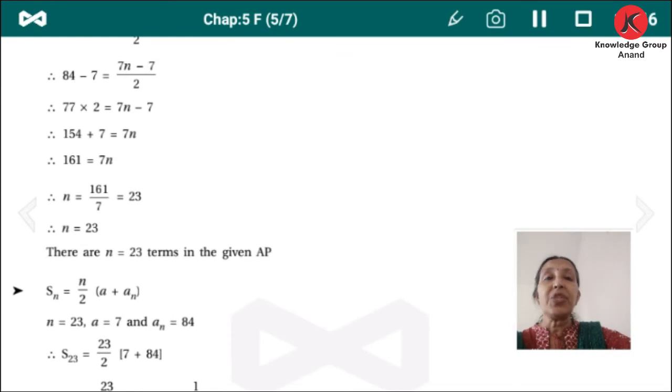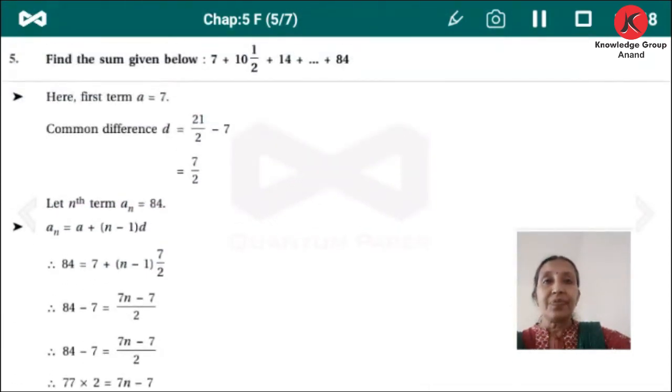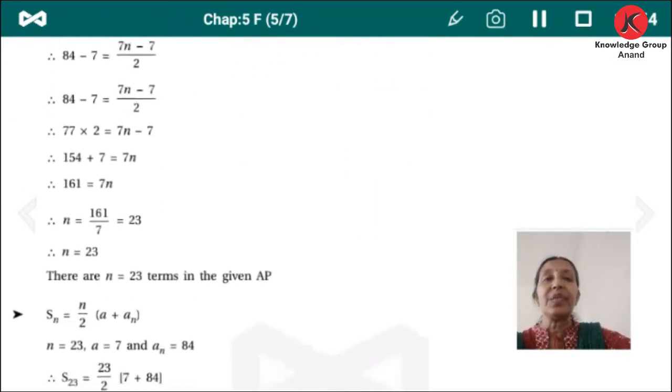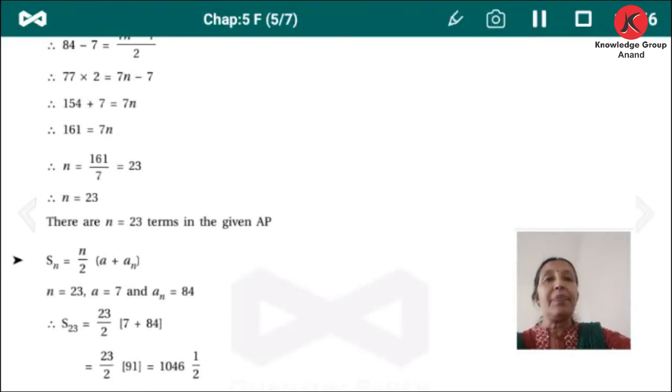How many terms? First we find n. n is equal to 23. Now using the formula Sn is equal to n/2 times (a plus an), where an means the last term, a plus l.